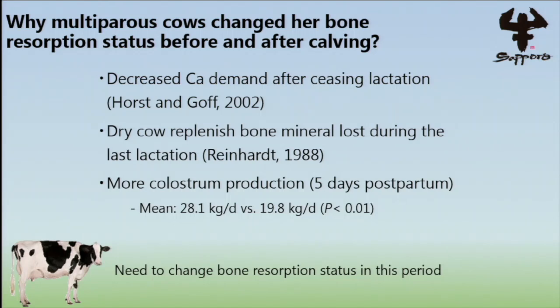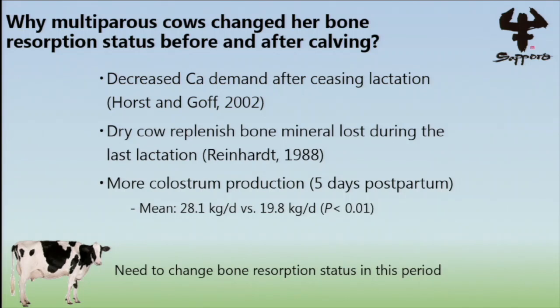Based on our study, we found the multiparous cows changed their bone resorption status before and after calving. There are some facts that support the reason why this change only happened in multiparous cows. Calcium demand is decreased after ceasing lactation, so dry cows need to replenish bone mineral lost during the last lactation.